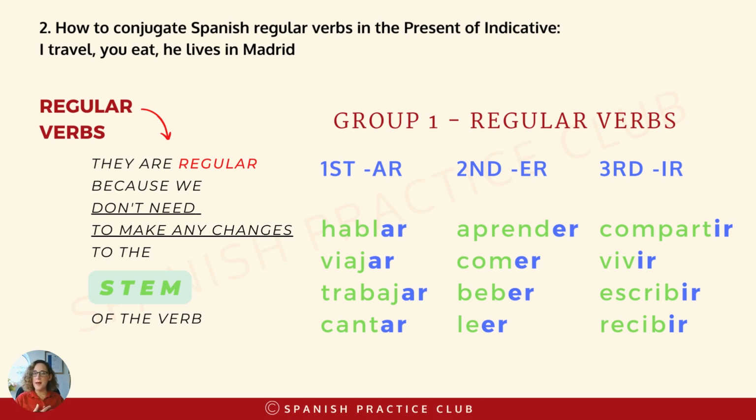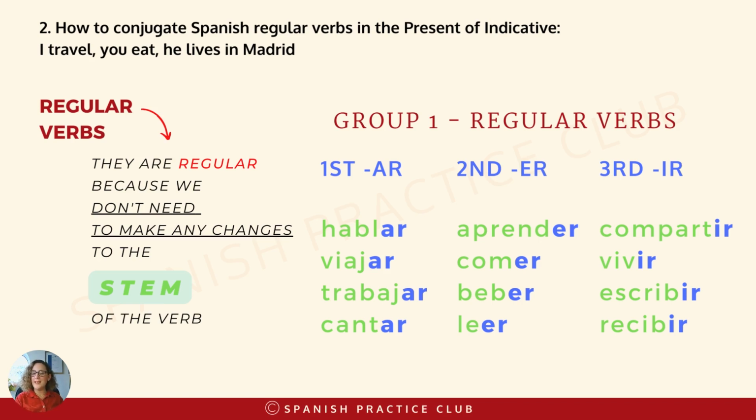For a single R it is very, very soft, very little air. And for the double R it is a little bit more air. That's all it takes to pronounce the single R and the double R. We are going to focus on that in some other lesson, but I'm just going to give you that tip ahead of time.